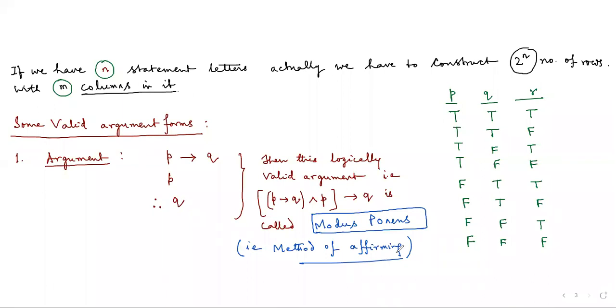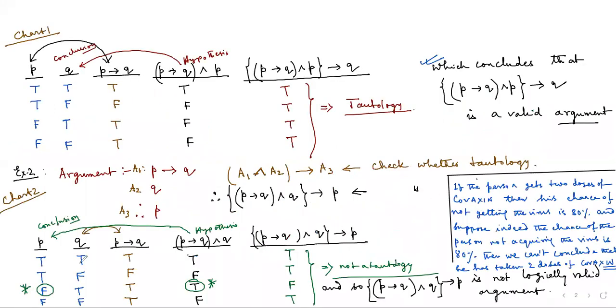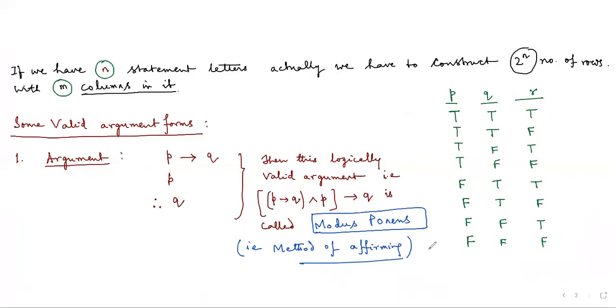And you can very easily say that the chart 2 argument is not a valid formula at all, so we don't have to remember it and shall not consider it anymore. So remember this first formula, which is called modus ponens, known as the method of affirming.